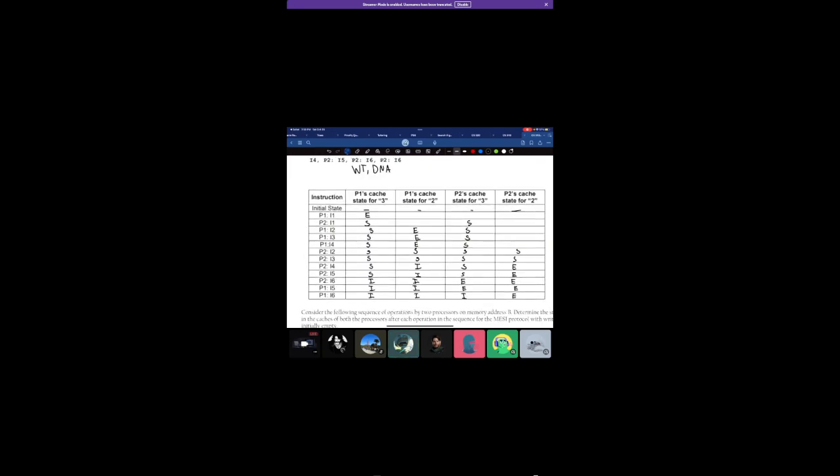But we get a write miss because address 3 is not there. So write miss, we said do not allocate on write miss. So we're not updating the cache. So from that, this is going to become invalid. And since we updated the address of R3, this is also going to become invalid. Invalid. E.